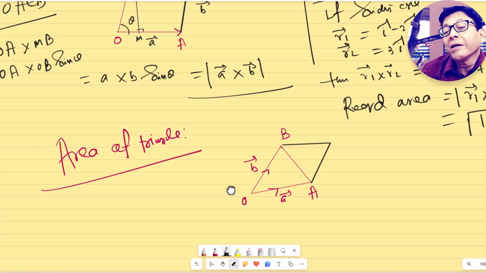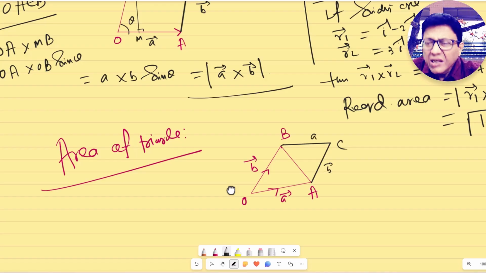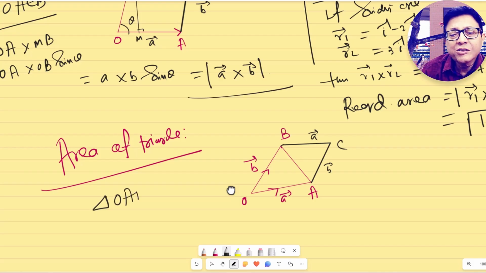So I am giving you two vectors this manner only. This is A vector, this is B vector. Maybe direction different, it doesn't matter. Your problem is to find the area of triangle OAB.